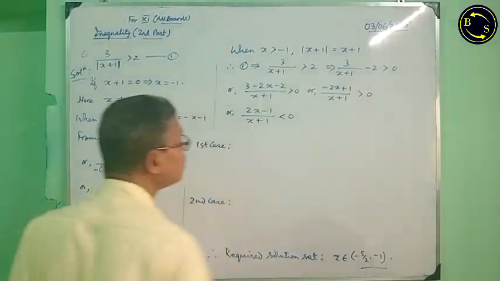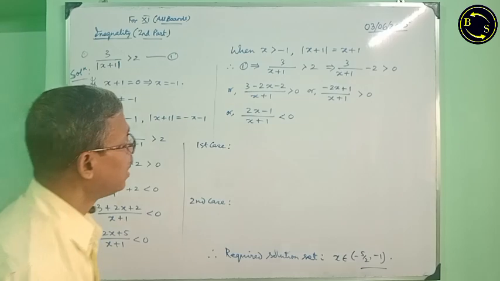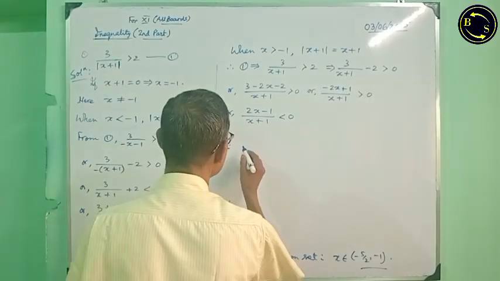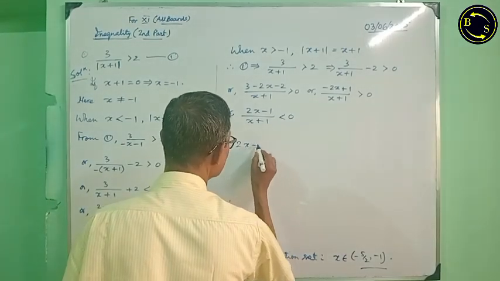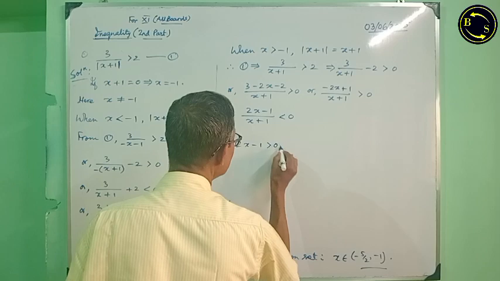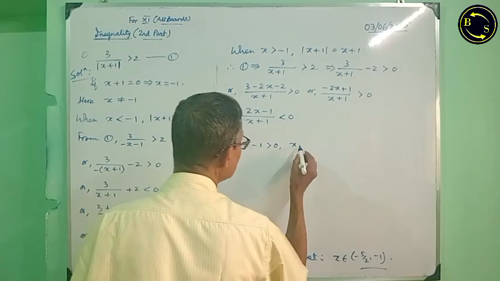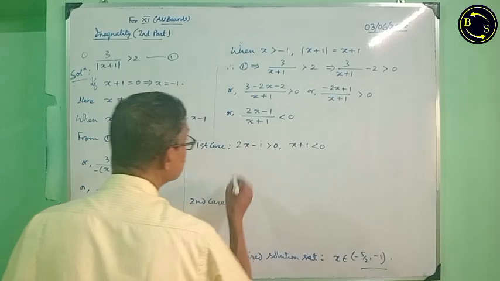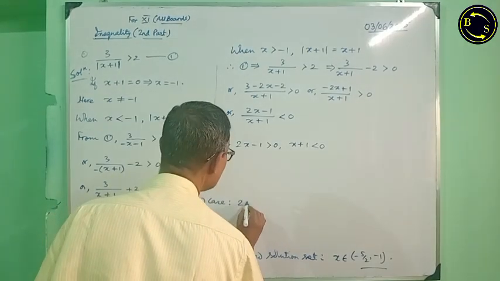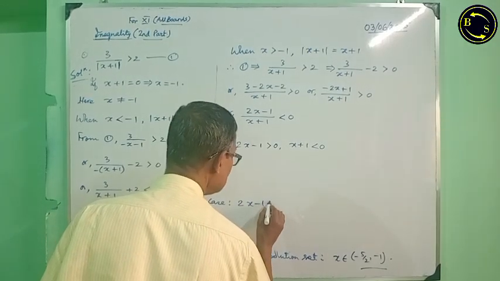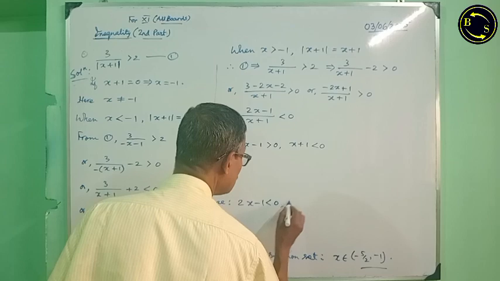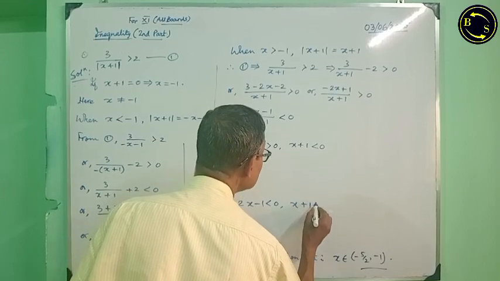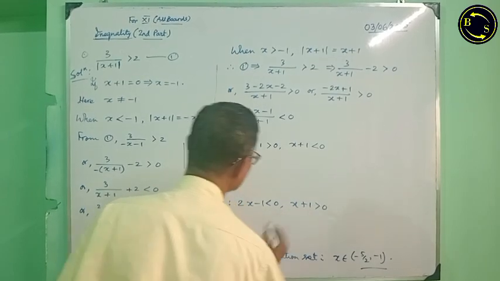Fraction is negative, therefore I take the first case like this: 2x minus 1 positive, numerator positive, denominator negative. Second case, 2x minus 1 less than 0, x plus 1 greater than 0.